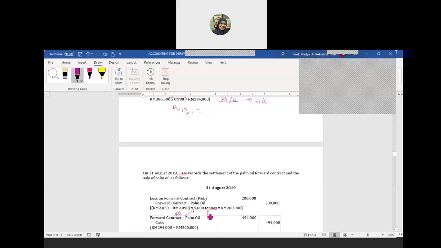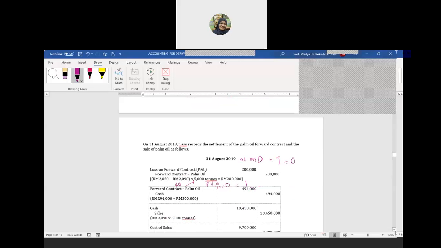This time the interest rate is 1%, but the period N will be 0 because now you are at the maturity date. When T is 0, the discount factor equals 1, so you don't present value that amount. You debit loss on the forward contract 200, and credit forward contract 200.